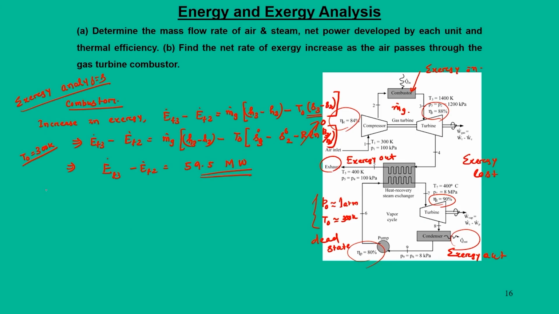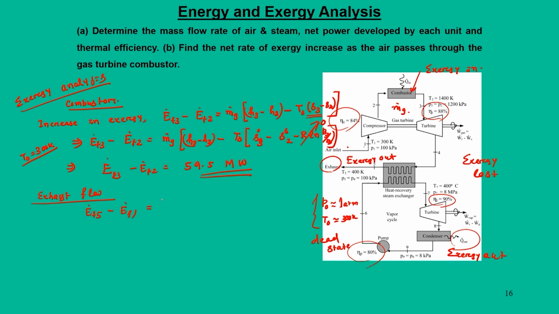Please recall this number, because that is the entry. Now, exergy that is carried out by exhaust flow is nothing but E dot F5 minus E dot F1, inlet and exhaust.